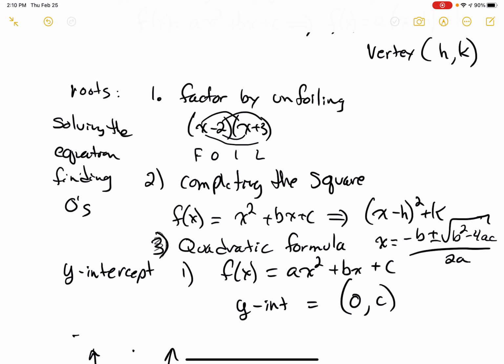Finally, the last way that you can find your roots is by using the quadratic formula. If you take this equation where you have ax squared plus bx plus c, set it equal to 0 to solve for x, using the technique of completing the square, you end up with the quadratic formula.